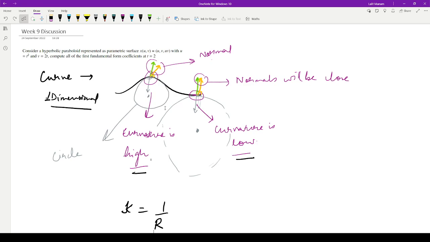Okay. So given all these things, and there were a few explanations in the lectures, why do we need all this first fundamental form and second fundamental form? It is because we ultimately need to find the curvature at any given point on the surface to characterize that point.